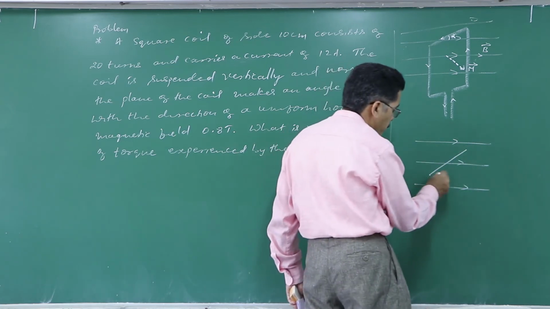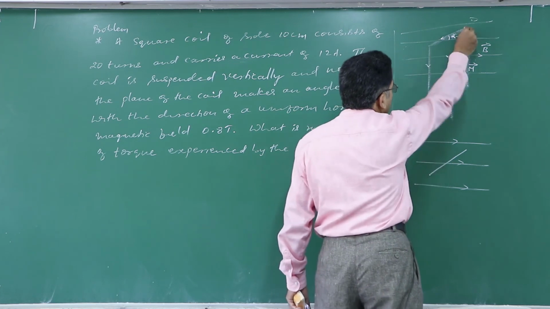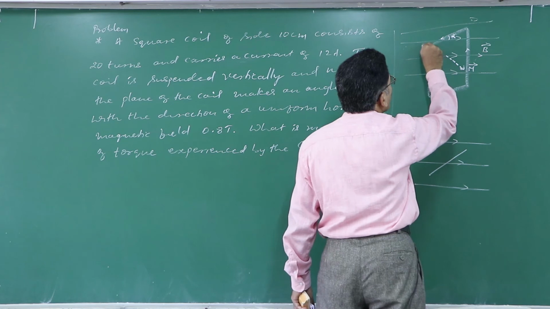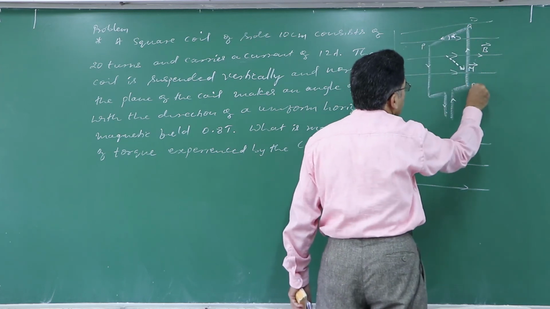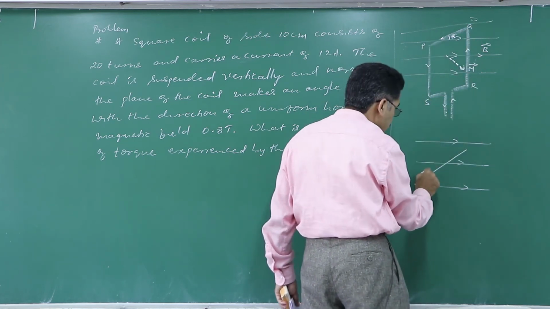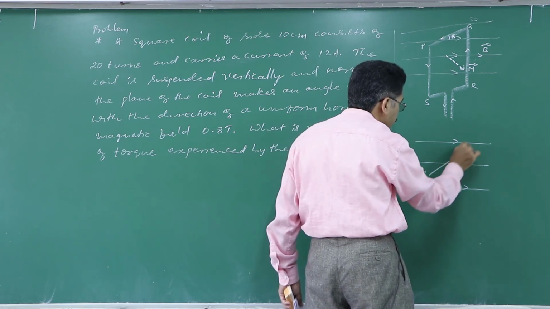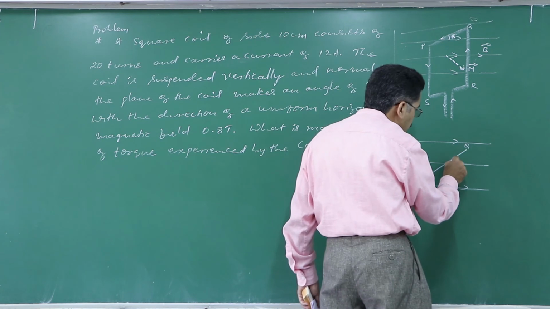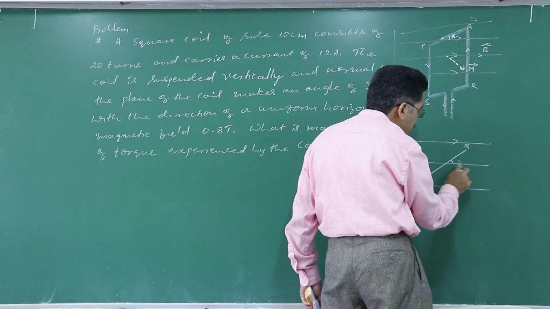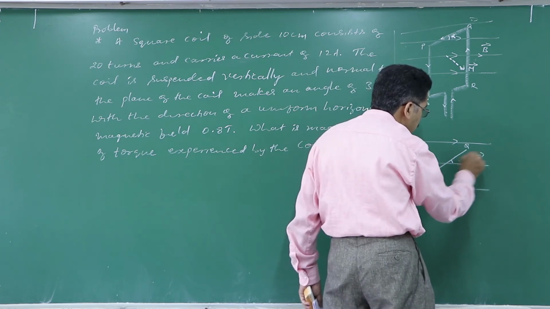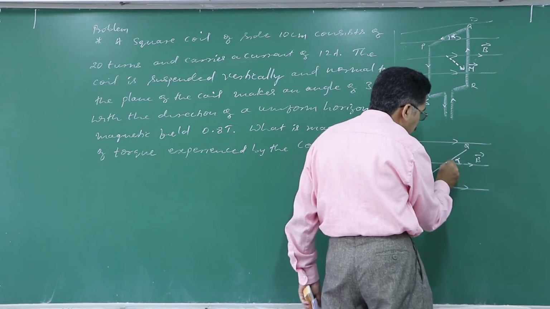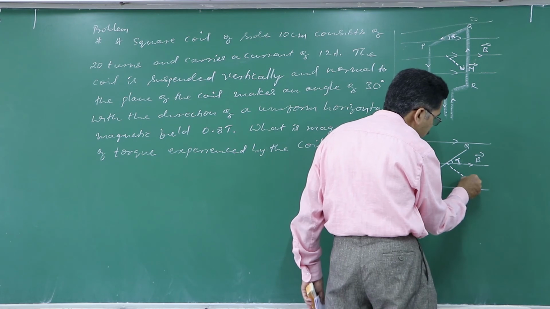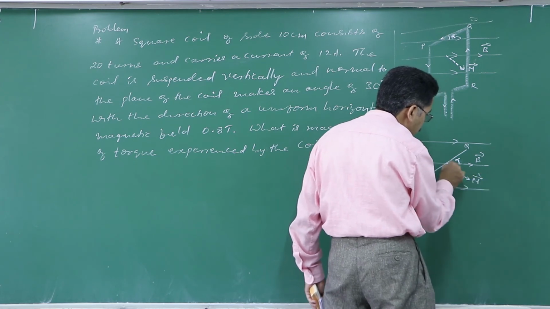Okay, I just take this side PQRS. So let me say this is PQ. So they have given this angle as alpha, and let me take the normal drawn to this as M, the direction of magnetic moment.